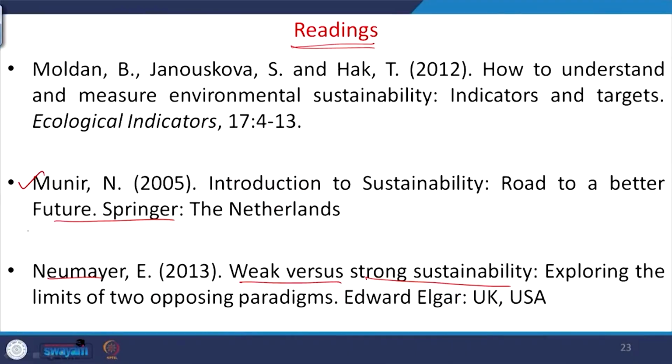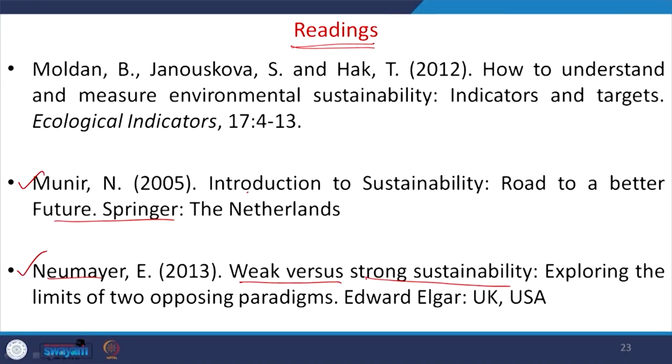So, now we are done with sustainability and environmental sustainability. We need to look into these readings. These are the basic readings for understanding sustainability and environmental sustainability as well. The second and third references are these two books.